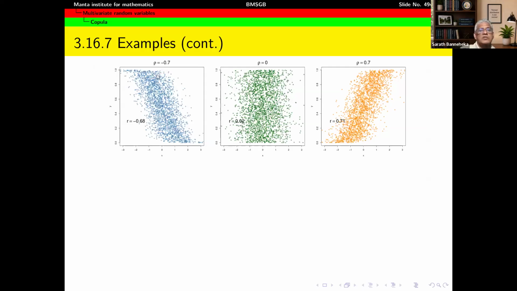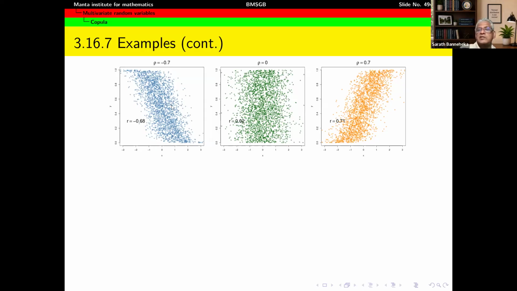These are the scatter plots. This is the graph of the data using rho equal to -0.7. When I get to those X star and Y star values, I calculate the Pearson correlation coefficient. You can see that it's -0.68, pretty much very close to that rho value.